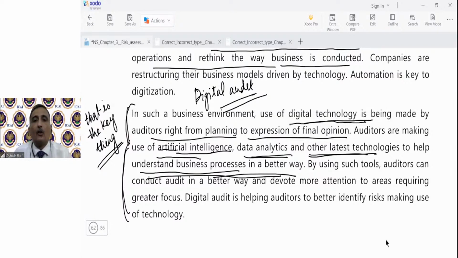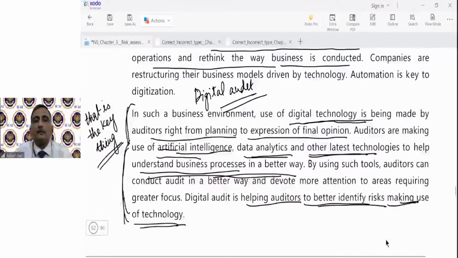Digital audit is helping auditors to better identify risks, making use of technology. So students, are you able to understand data analytics for audit and digital audit?